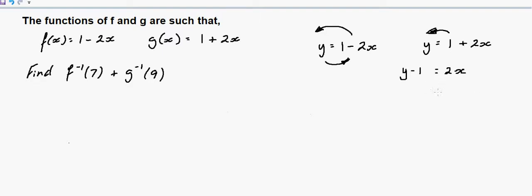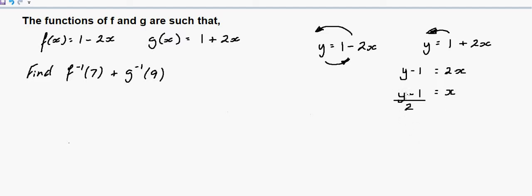We want to know what x equals, so x equals y minus 1, all divided by 2. And then all we do, and we always do this, is wherever there's a y, we change it to an x, and wherever there is an x, we change it to a y.